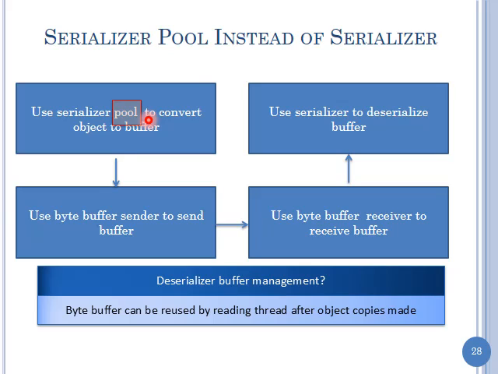There is some routine that says, take my object and convert that into a byte buffer, and it gets an object of type pool rather than an object of type serializer. Each serializer uses only one buffer, rather than one serializer doing multiple. So you guys don't have to worry about pools. You just assume there's one buffer.